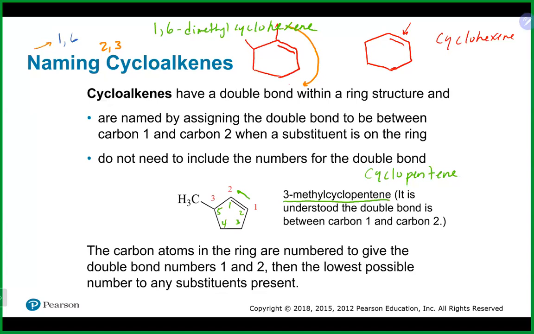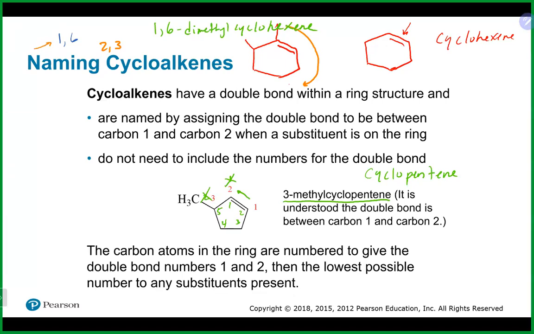The one thing that you can't do is start at this carbon and go to here, 1 and 2, because you did not go through the double bond. So you would not be allowed to do that because you did not go through the double bond to get to those groups. So those are your two options in this case, and the 3 being the smaller number, the way you would want to go.